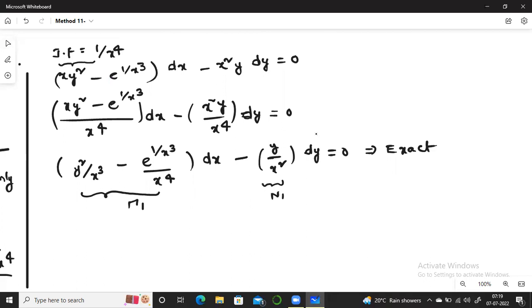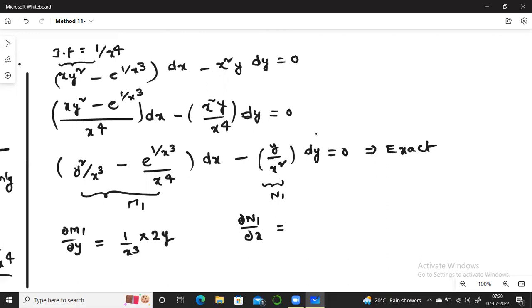So you calculate ∂M1 over ∂y. With respect to y, in the first term 1 over x cube is constant, and the y squared term gives 2y. So it means 2y over x cube you are getting. Now calculate ∂N over ∂x.